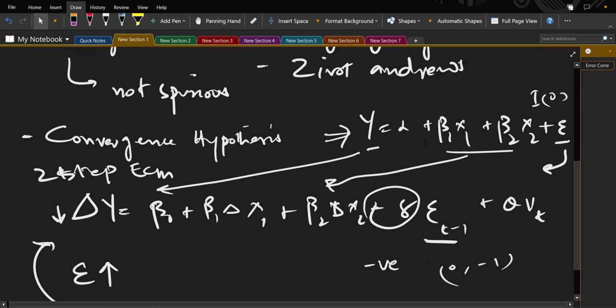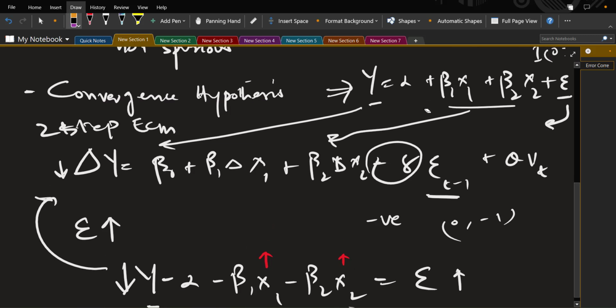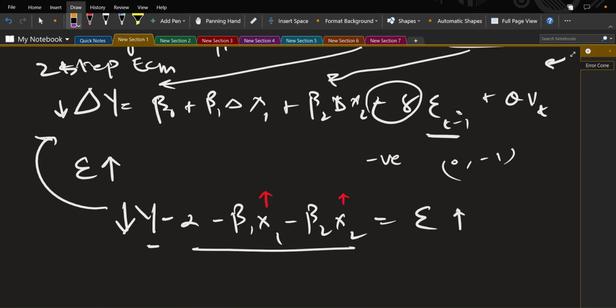This means any changes in the independent variable. What do we mean by any changes in the independent variable? If policymakers increase x1 or x2, both have a positive effect, as we saw in the equation here. So if this is increasing, it will create a difference here, and that difference will be shown here.